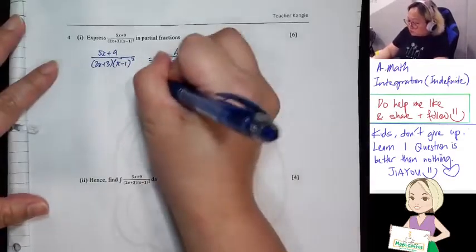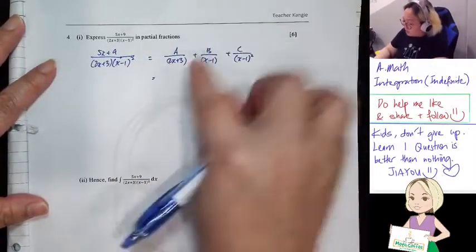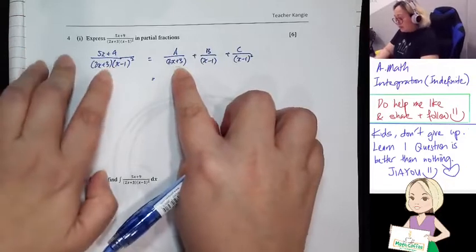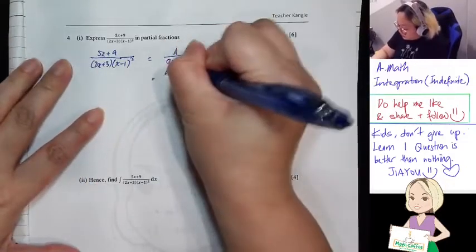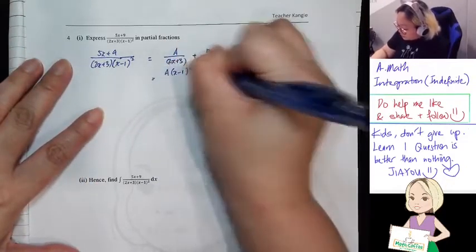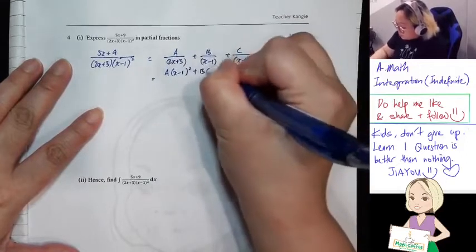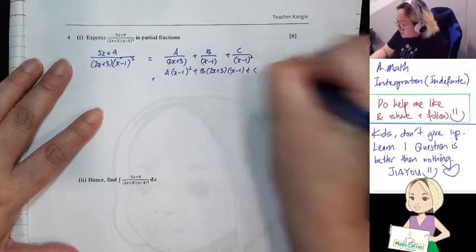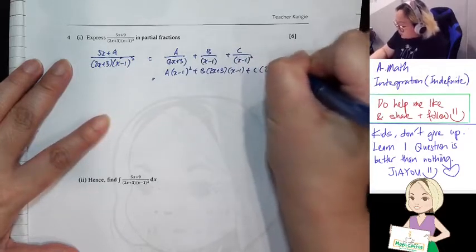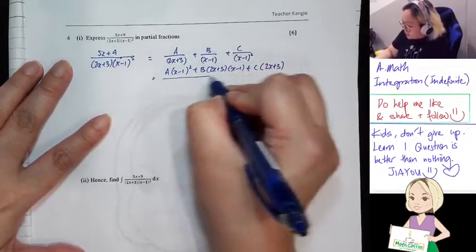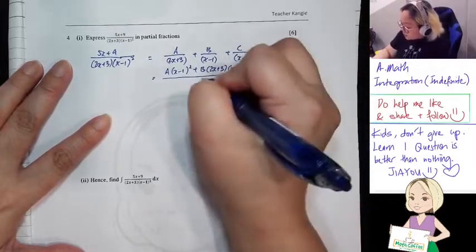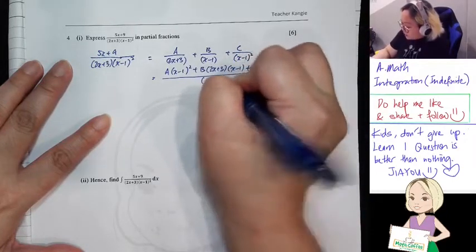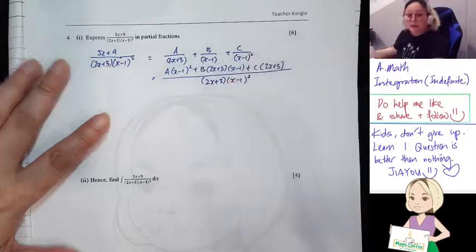After that, you need to combine this into a single fraction. For the denominator, I have to multiply a with x minus 1 squared. The b I have to multiply with 2x plus 3 and x minus 1. The c I have to multiply with 2x plus 3. The whole thing over 2x plus 3 and x minus 1 squared.